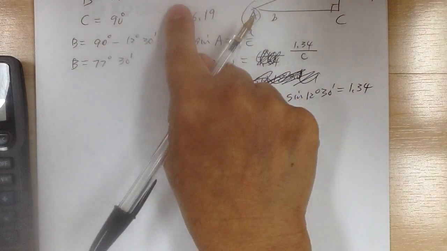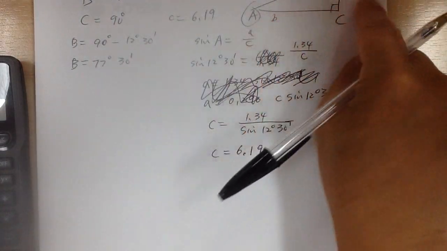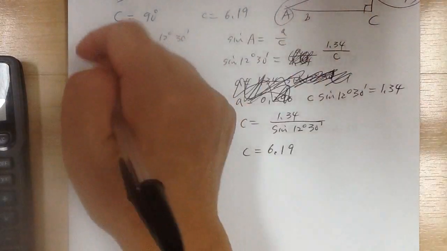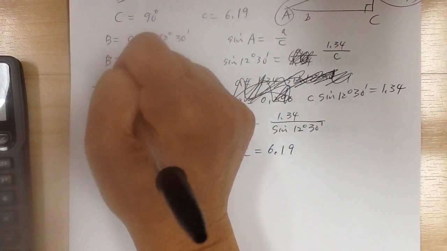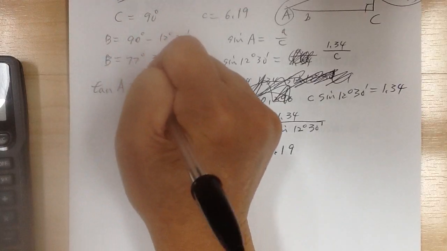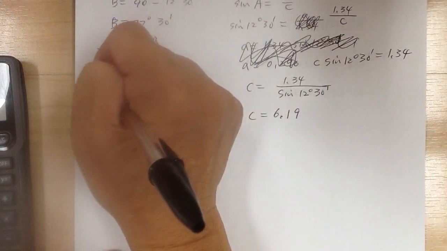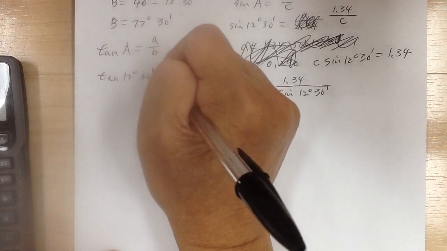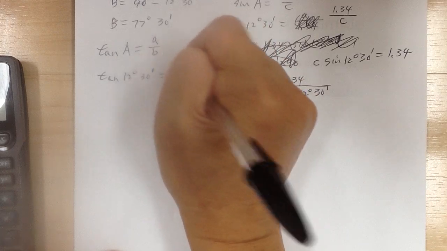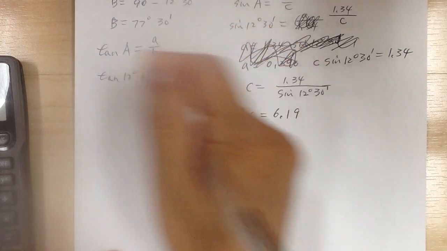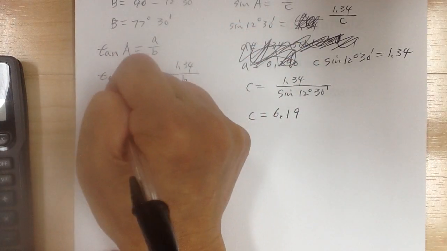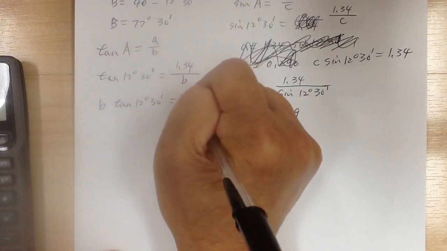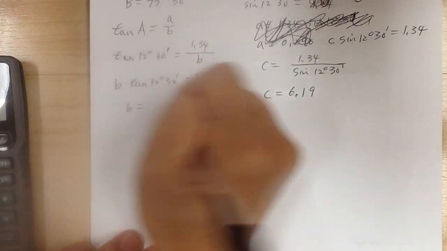And then from here you have to look for B. So the relation between, so this is giving, and the relation between that is tangent. So you have to do tangent A equal to A over B, substituting the number. So tangent of 12 degrees 30 minutes equal to 1.34 over B, cross multiply. And you divide to get rid of the tangent.